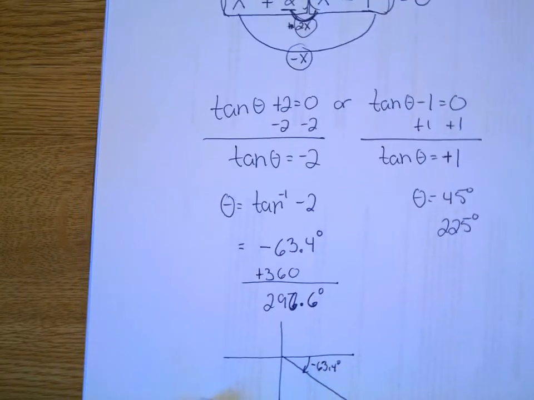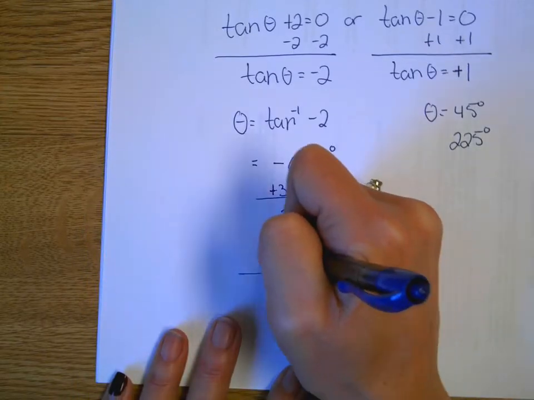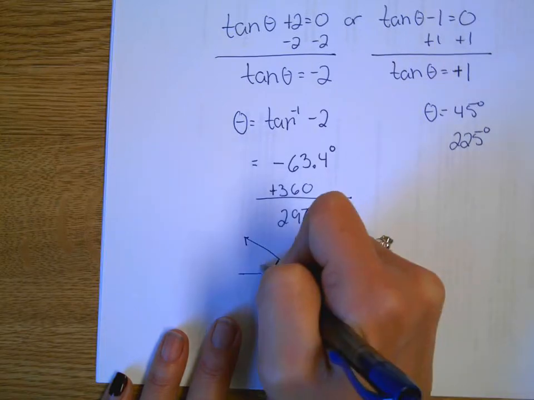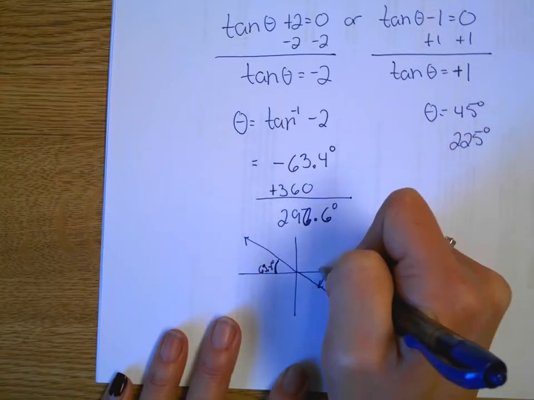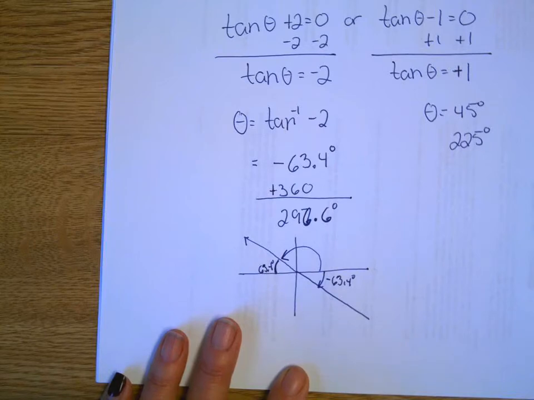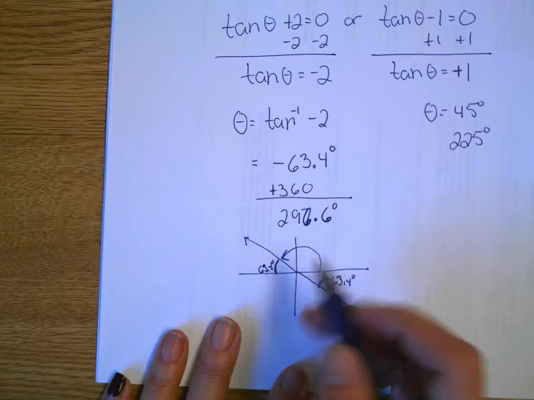Where else is tangent negative? Which quadrant? Quadrant 2. Where this angle here would be that 63 degree angle. How do I get the positive angle to get to there? Subtract 180 from 296. So 180 minus the 63.4?